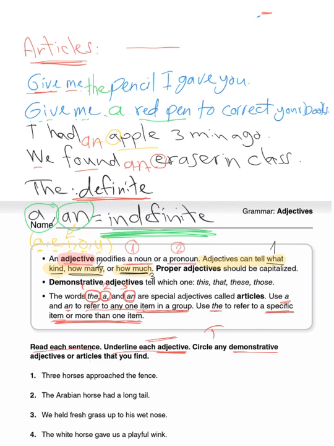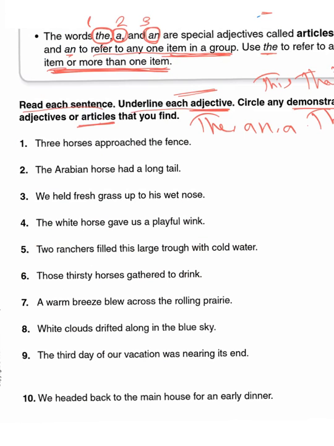We mean this, that, these, those. If we found any of these, we circle them. And at the same time, if we found an article, we will circle it. What are the articles? The, an, and a. Let's get the ball rolling and answer the exercise.